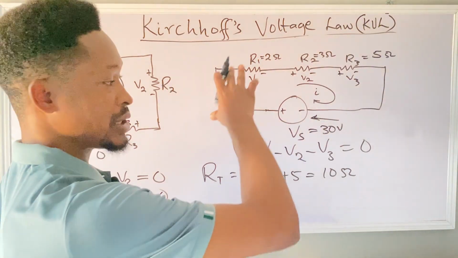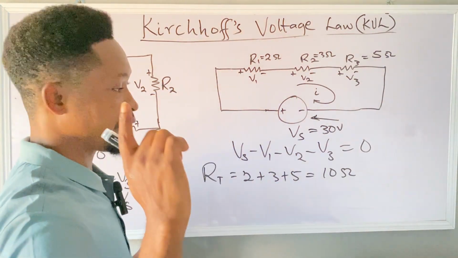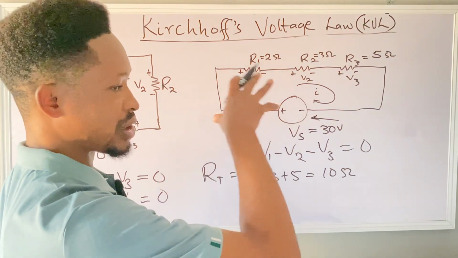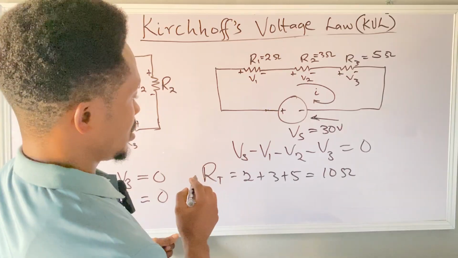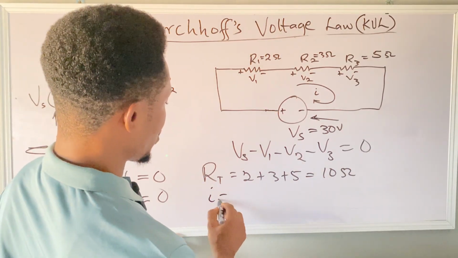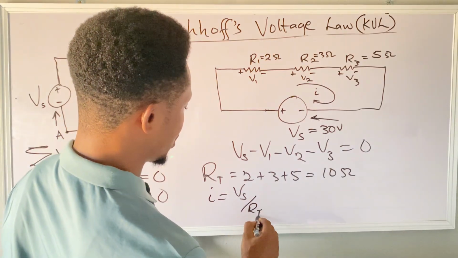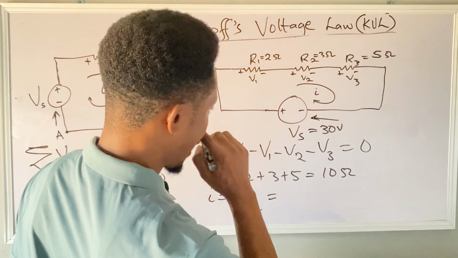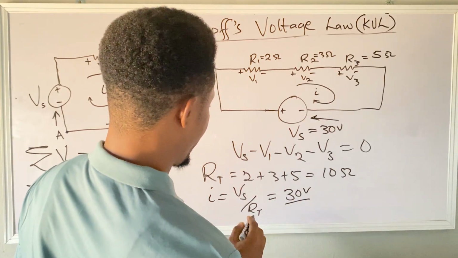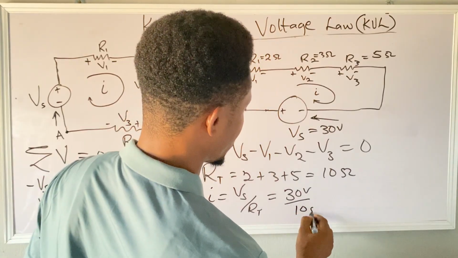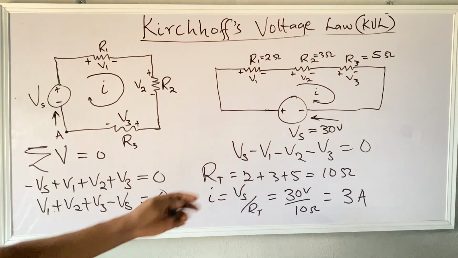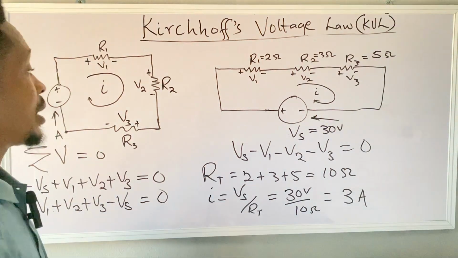Since they are connected in series, the same current flows through the circuit, but different voltages across each resistor. So here RT is 10 ohms. I is equal to Vs over RT, so I becomes 30 volts over 10 ohms, which gives us 3 amps. The current flowing through the circuit is 3 amps.